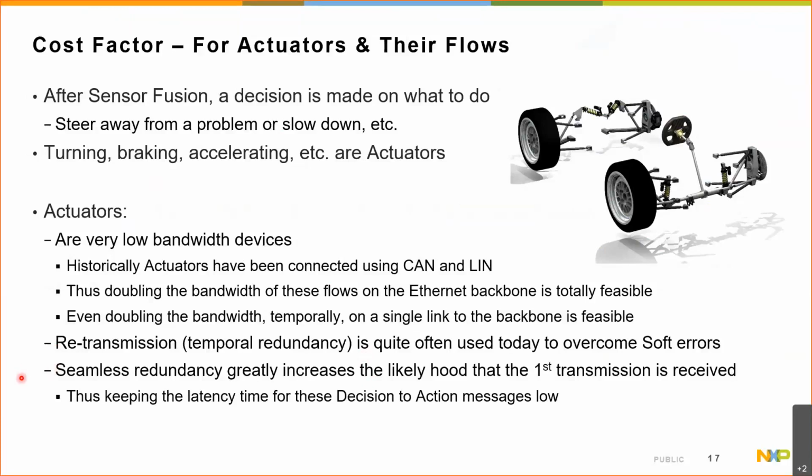So it's feasible and used today. Seamless redundancy, though, still greatly increases the likelihood that the first transmission is received, thus keeping the latency for this decision to action message very low. And when I hit the brake pedal, or the sensor fusion decision is to hit the brake pedal, I'd like it to get through the first time.